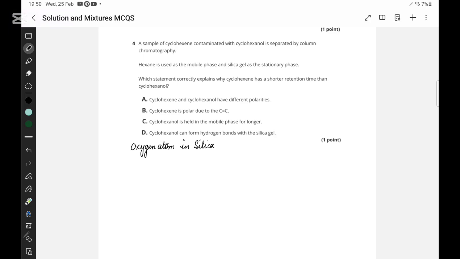Silica is what? That is SiO2, also called sand.